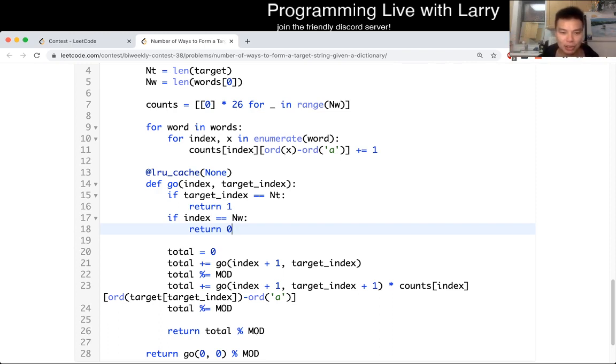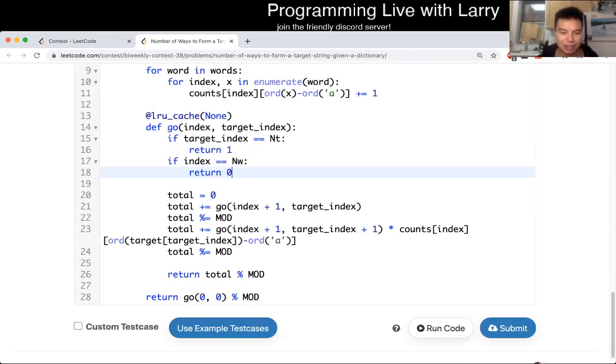And then these are just the 2 ways, and I do make sure we do some mod math. Basically we skip this character in the dictionary because we can.